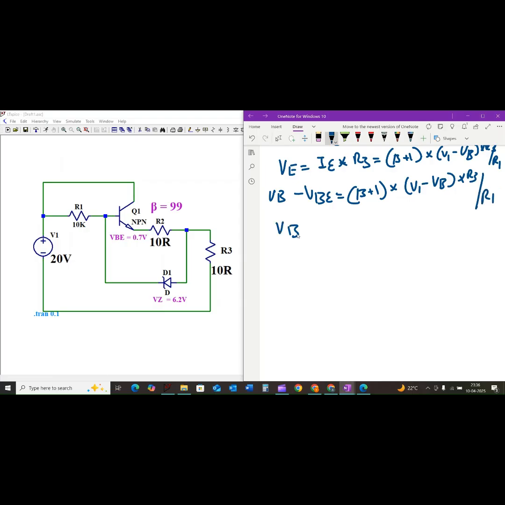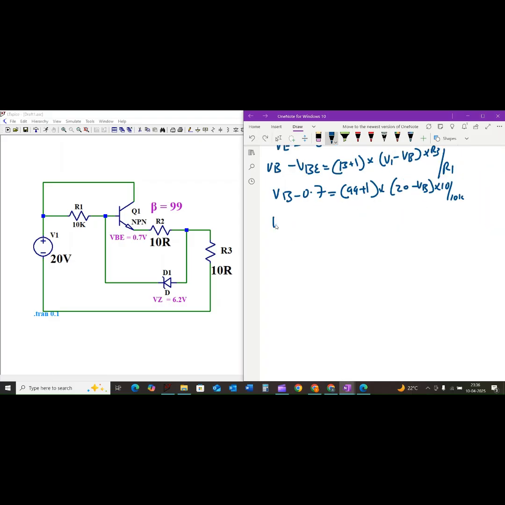So VB minus 0.7 is equal to 99 plus 1 into 20 minus VB into 10 divided by 10k. So VB minus 0.7 is equal to 100 into 20 minus VB into 0.01.